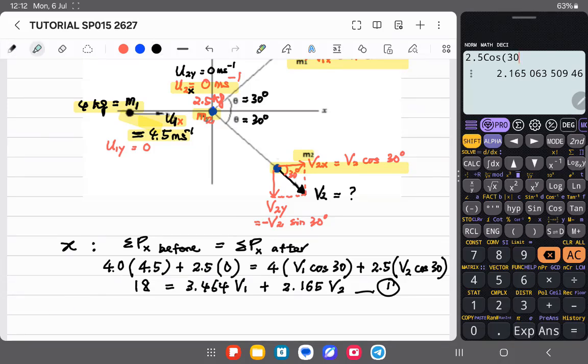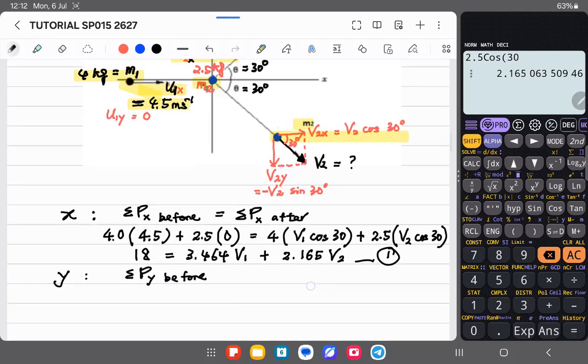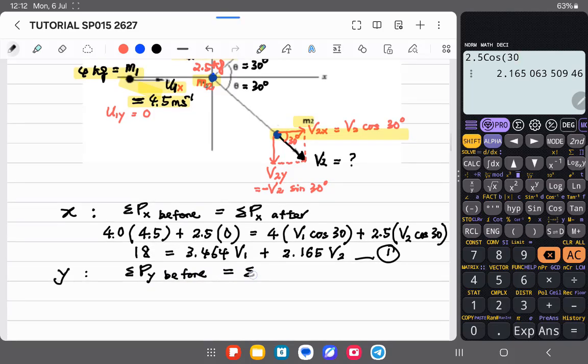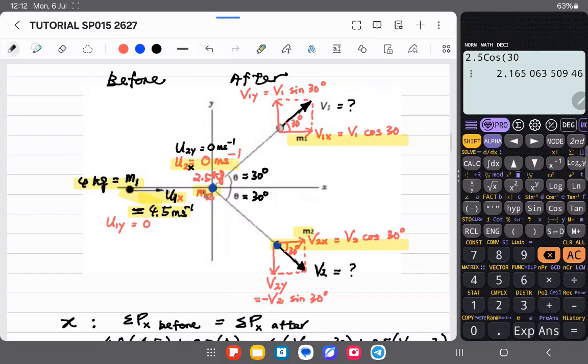Now we consider the y directions. The total momentum along the y direction before collision must also equal to the total momentum along the y direction after collisions. So before collisions, you will notice that the ball is not moving along the y-axis.